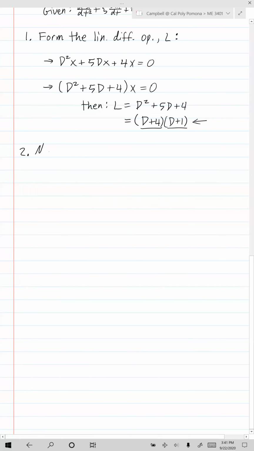and you'll see that in a second. So let's formally capture it in your notes. D is an operator, as well as L. So I'll just say it rather than write it. D is an operator, not a variable.